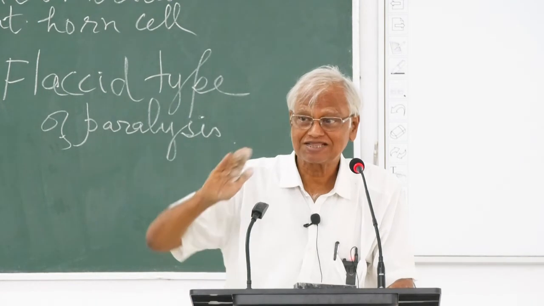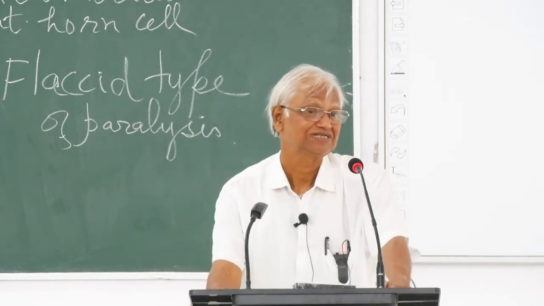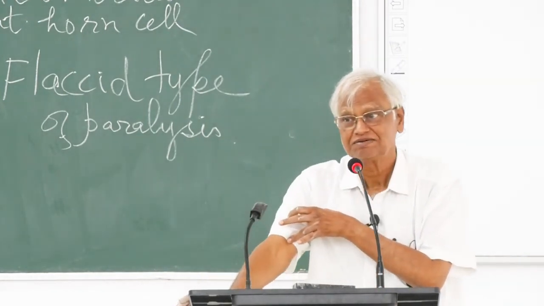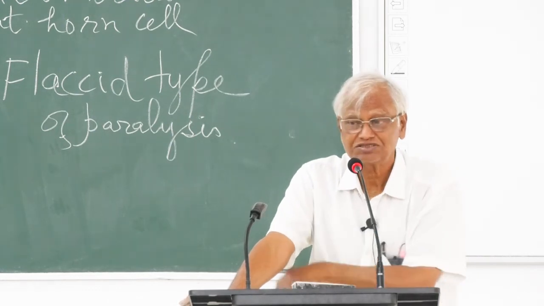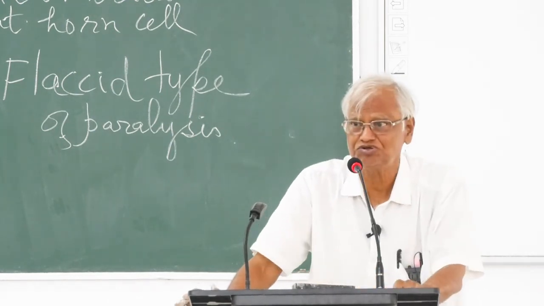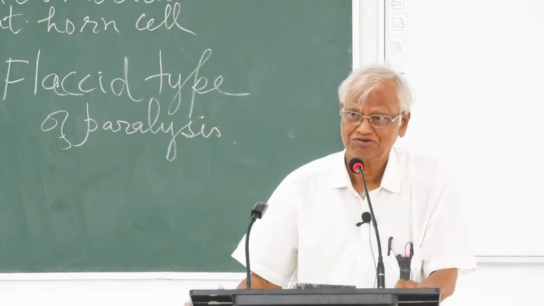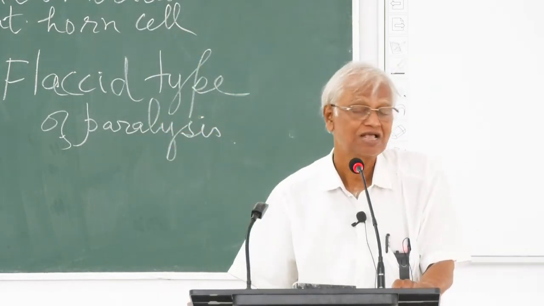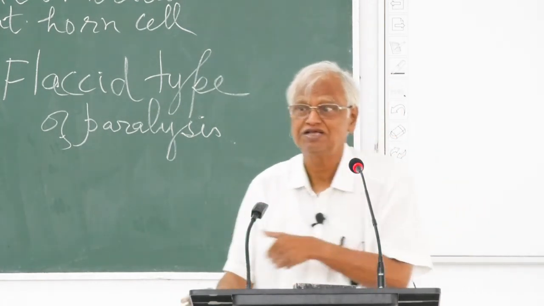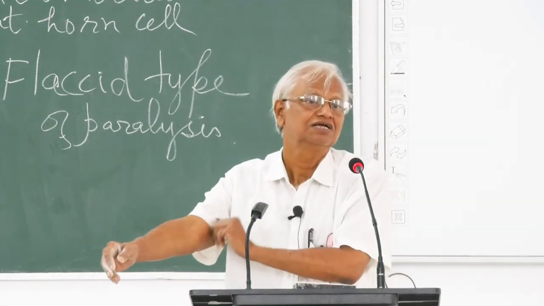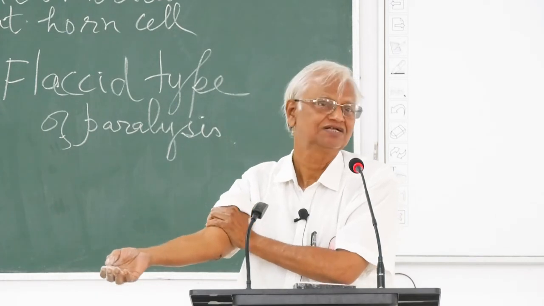If we cut the nerve supplying the biceps or the triceps, it will be lower motor neuron, much below the anterior horn cell. We cut the nerve, it is lower motor. What type of paralysis will it be? The muscle will be flaccid.